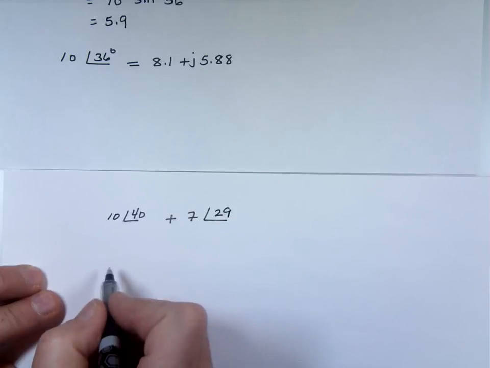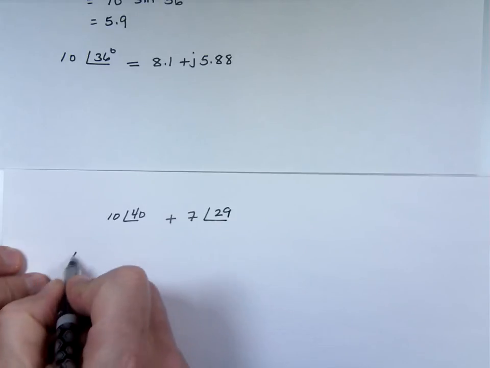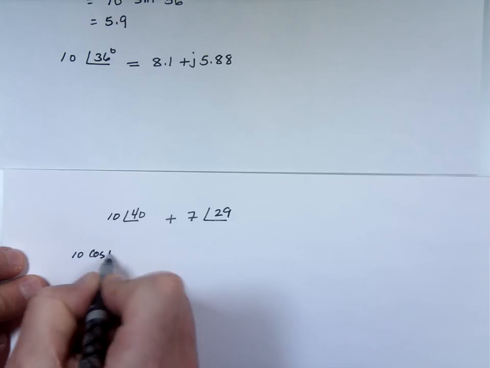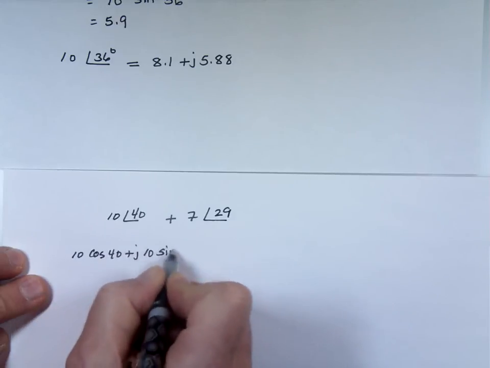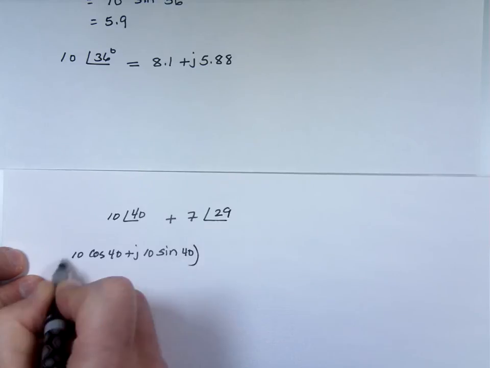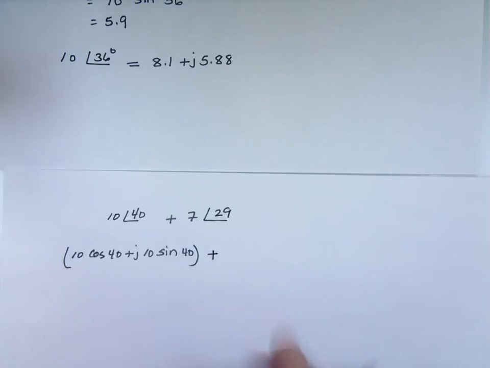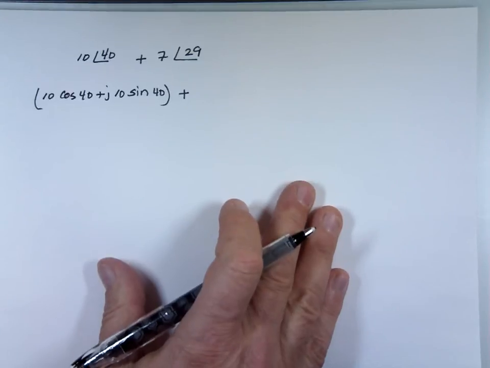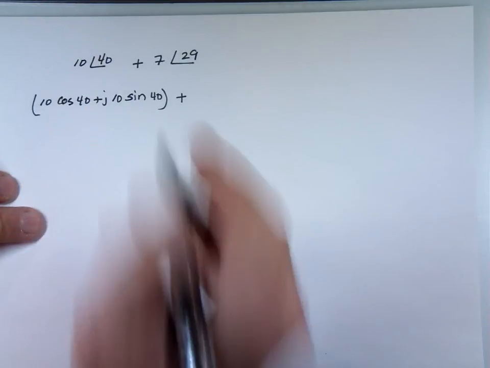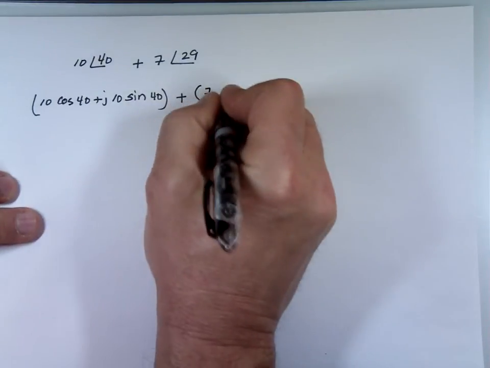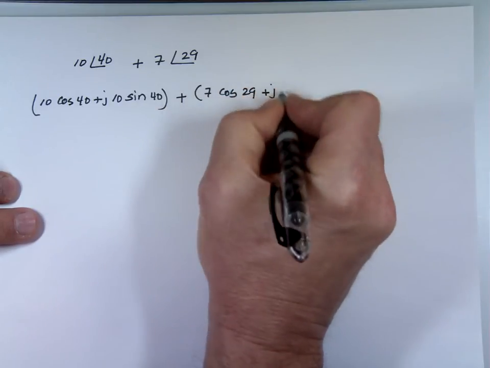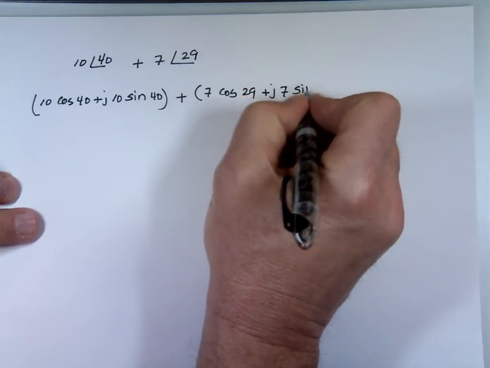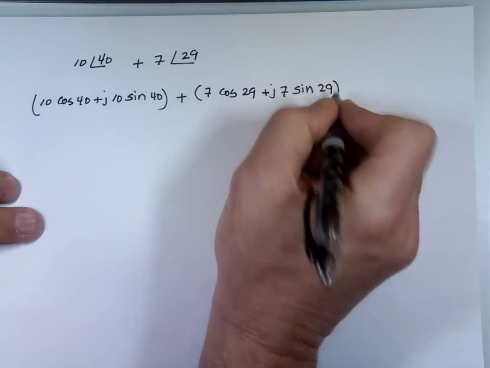So I got to take this, go 10 cosine of 40 plus j 10 sine of 40, add to it 7 cosine 29 plus j 7 sine of 29, and my answer is going to be in what? Rectangular. Then I got to convert that to polar.